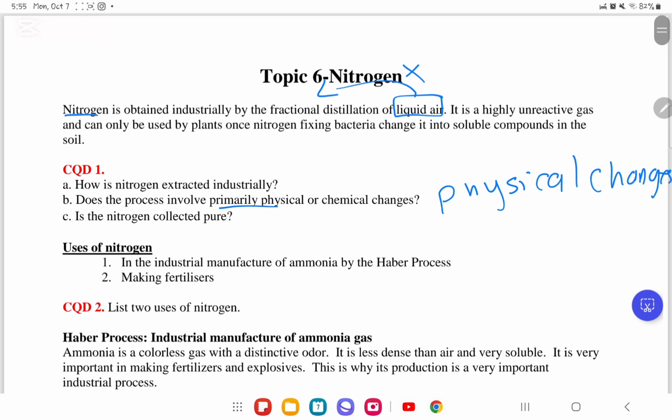Number 3, is nitrogen collected pure? I don't think we can get it pure using fractional distillation, because it will have some remains of some of the other things in liquid air. So here our answer would be no.